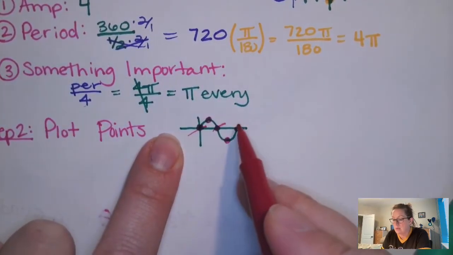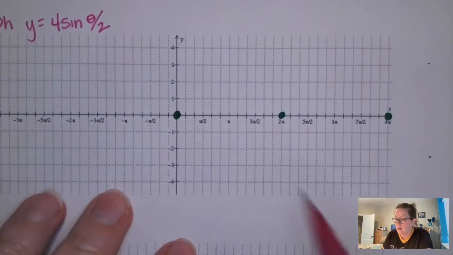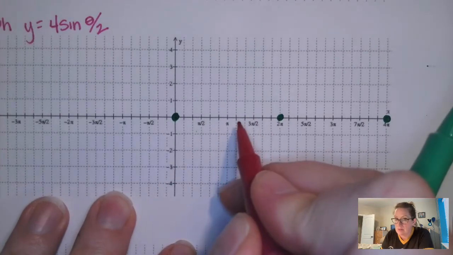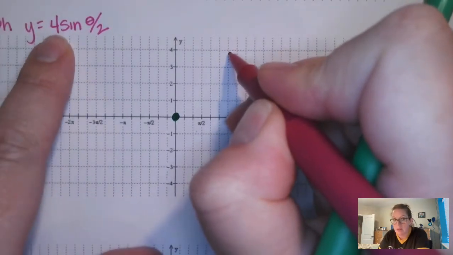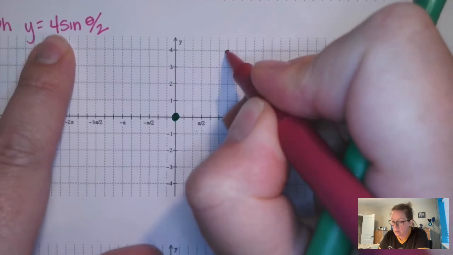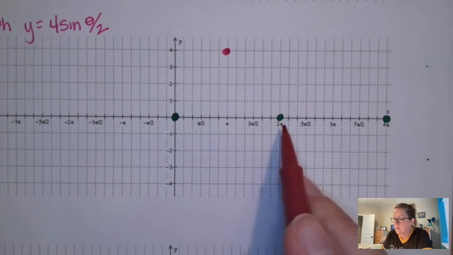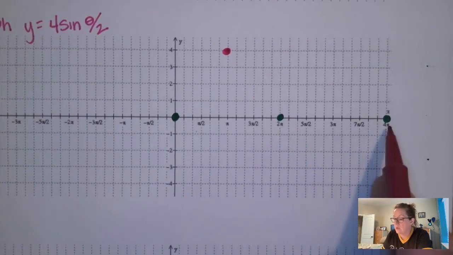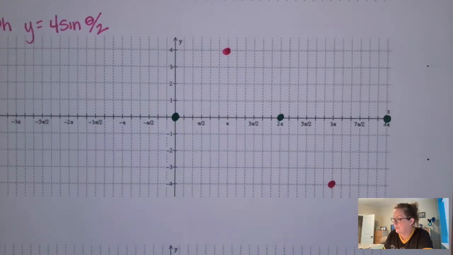So I've done that one, and that one. Now I'm working on this one. So we know it's going to go up high. So halfway between 0 and 2 pi is pi. My amplitude is 4. So I'm going to go all the way up to 4. Same thing, halfway between 2 pi and 4 pi, well, that's 3 pi, and my amplitude is 4, but this time I got to go down 4.